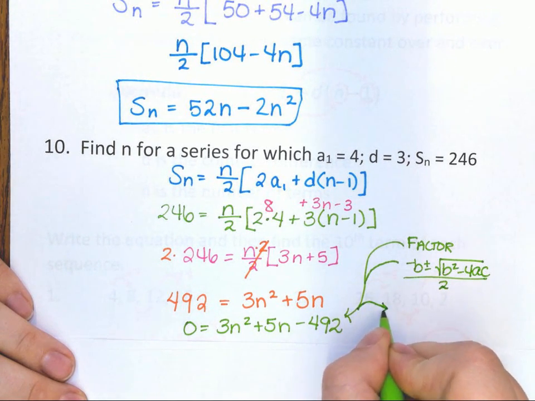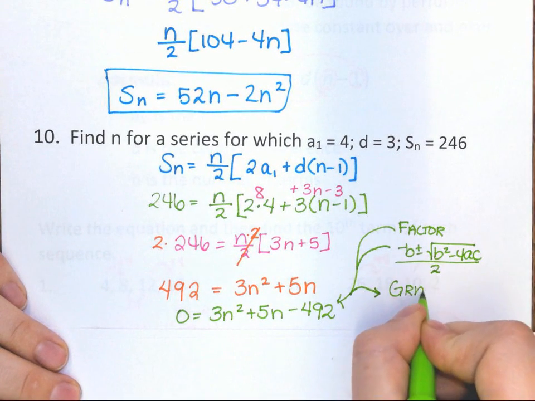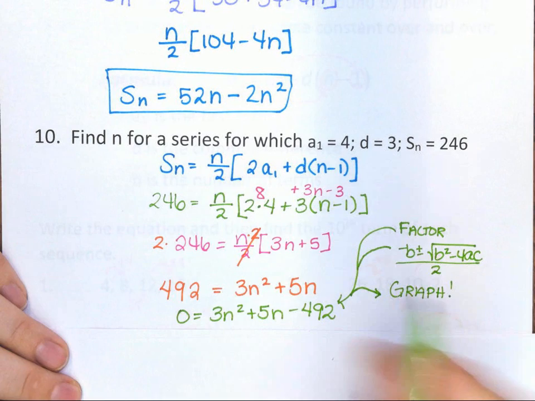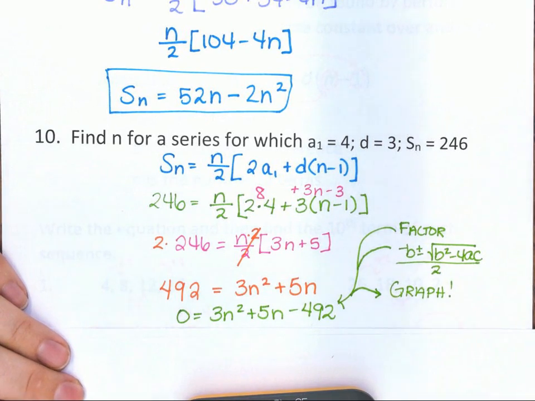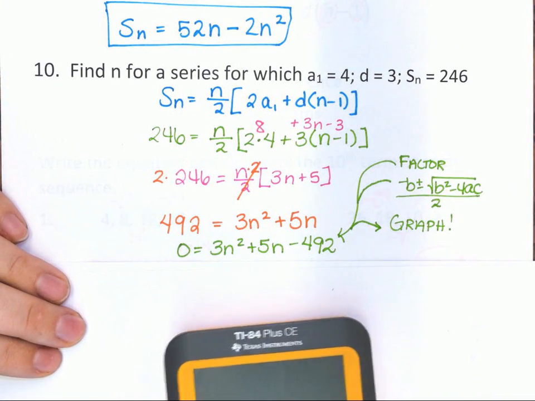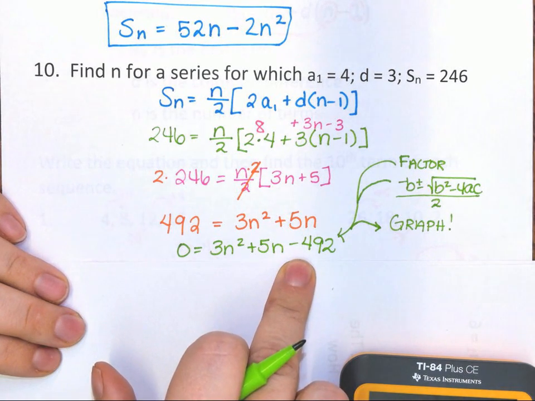And then one that we haven't done because we haven't had calculators. Graphing. But hey, guess what? Yeah, the x-intercepts, the zeros. Do we have calculators for this? All right, so let's go through and let's try to do this with graphing. Because, hey, I'm not trying to make you factor 3 times 492.